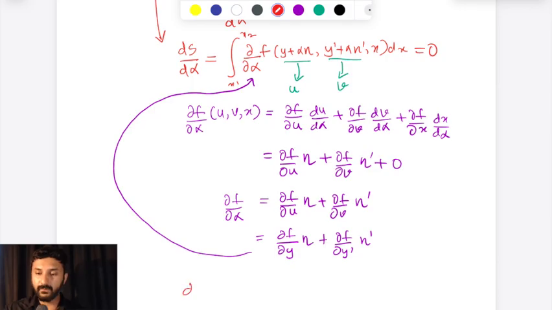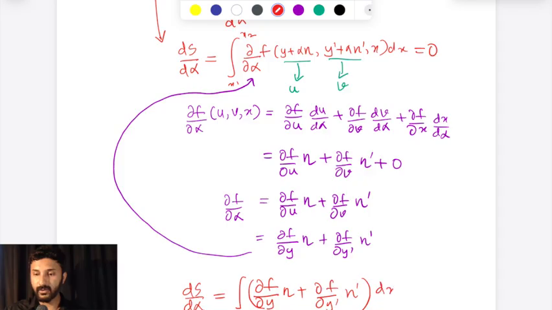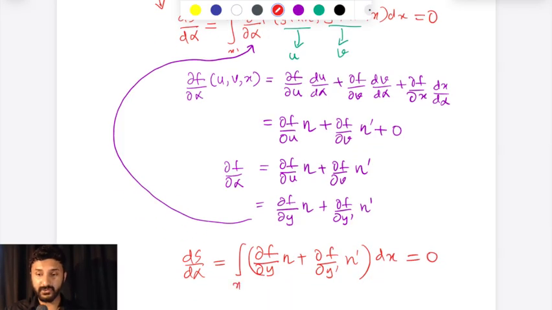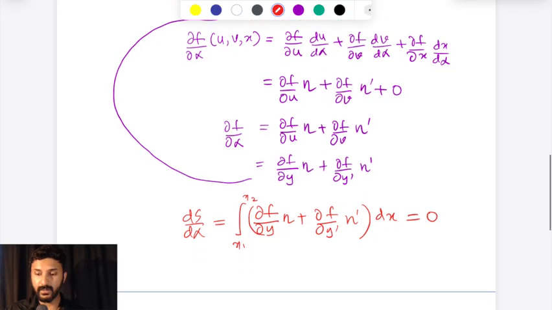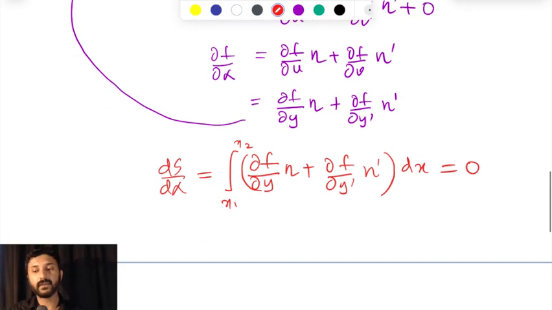So what do we end up with? What's ds by d alpha going to be? It's going to be the integral of dou f by dou y eta plus dou f by dou y dash eta dash, and all of this has to be integrated and equated to 0, where again you're integrating between x1 and x2.